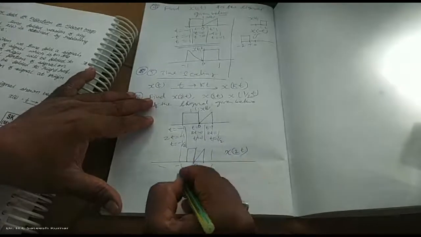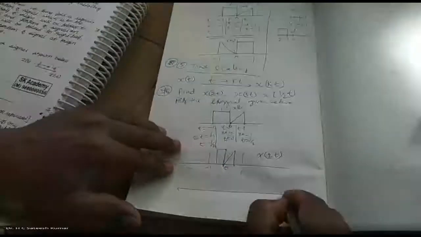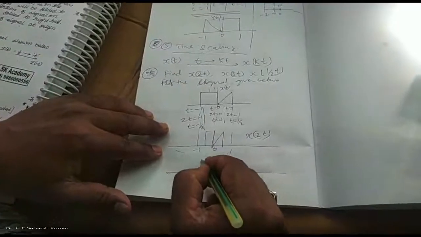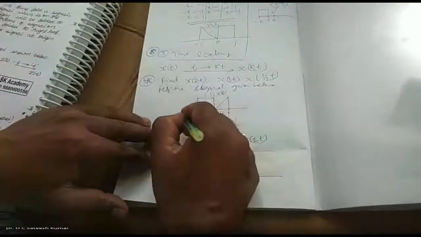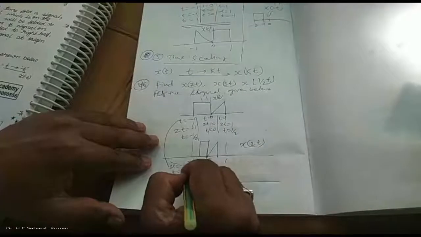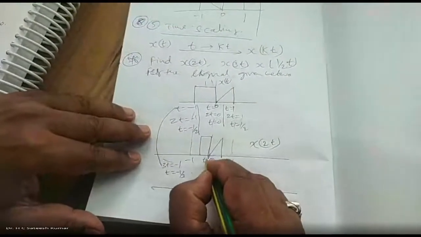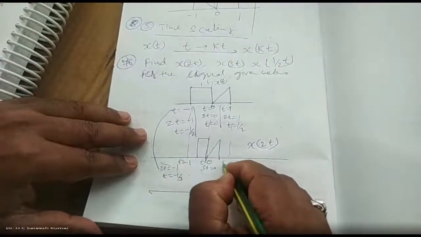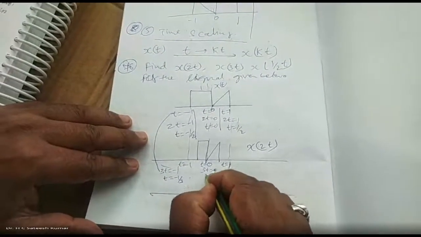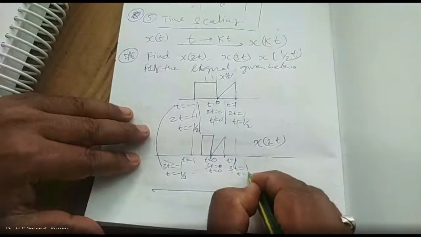Now I'll find out x of 3t. x of 3t is nothing but what? So I'll write it here. 3t is equal to minus 1, therefore t is equal to minus 1 by 3. And 3t is equal to 0, therefore t is equal to 0. 3t is equal to 1, therefore t is equal to 1 by 3.